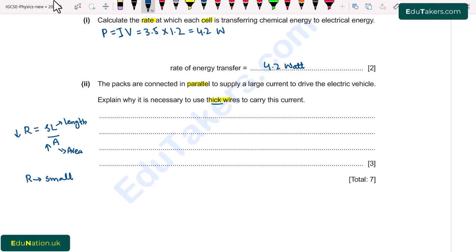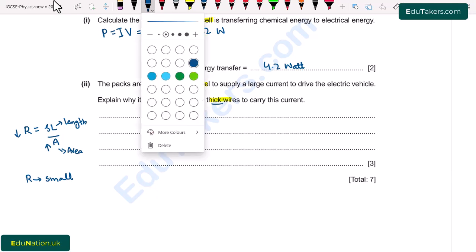And also, there is less resistance, which means that there will be less heat produced in the wire. So there will be less risk of fire or insulation melting.